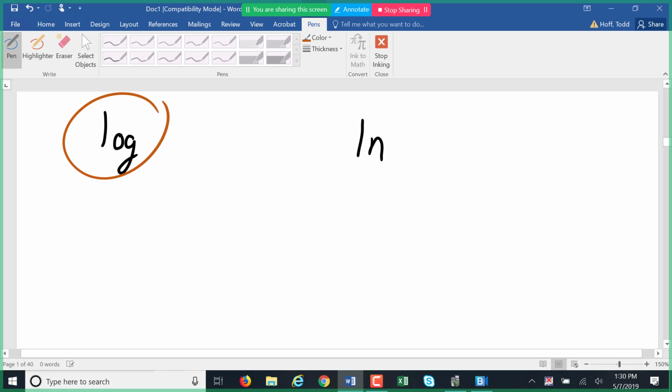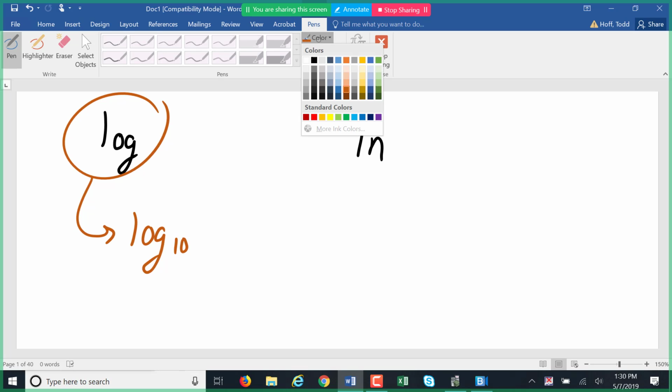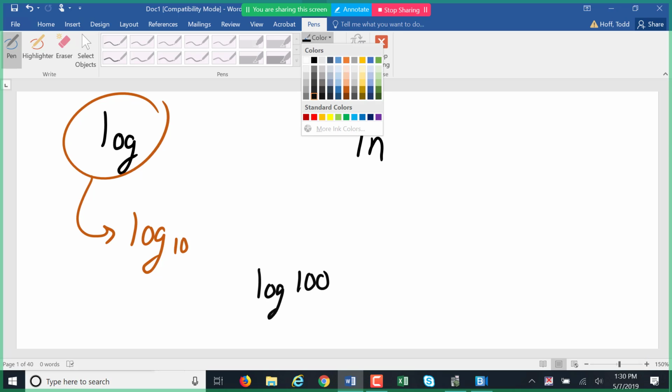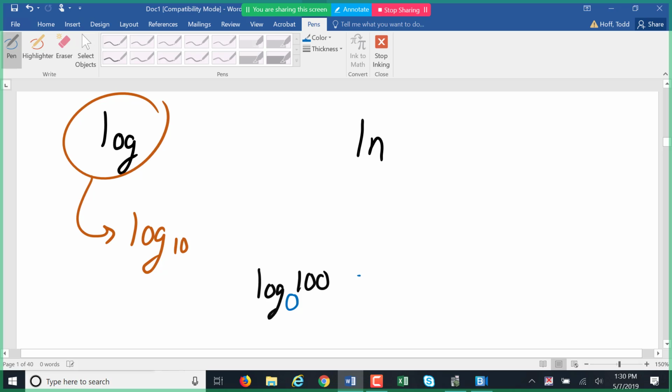The log key is log base 10. In fact, whenever you see log 100 with no base written there, it's assumed that that's a log base 10. Of course, log base 10 of 100 is 2.